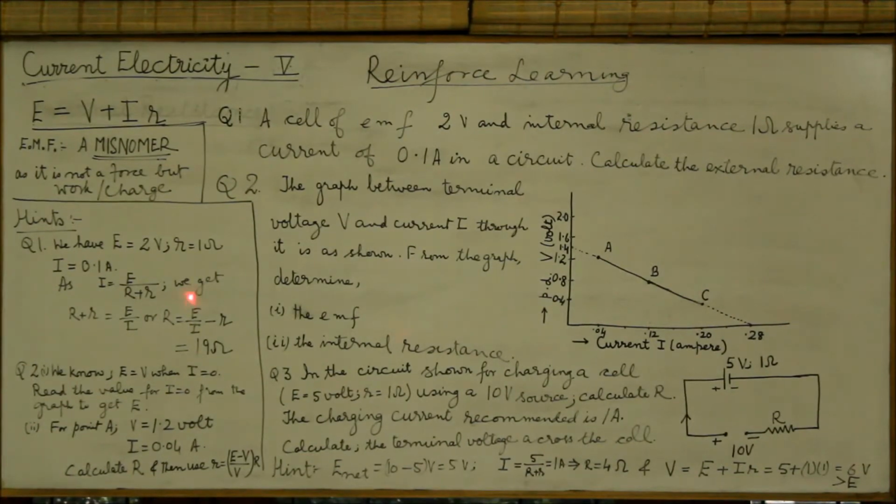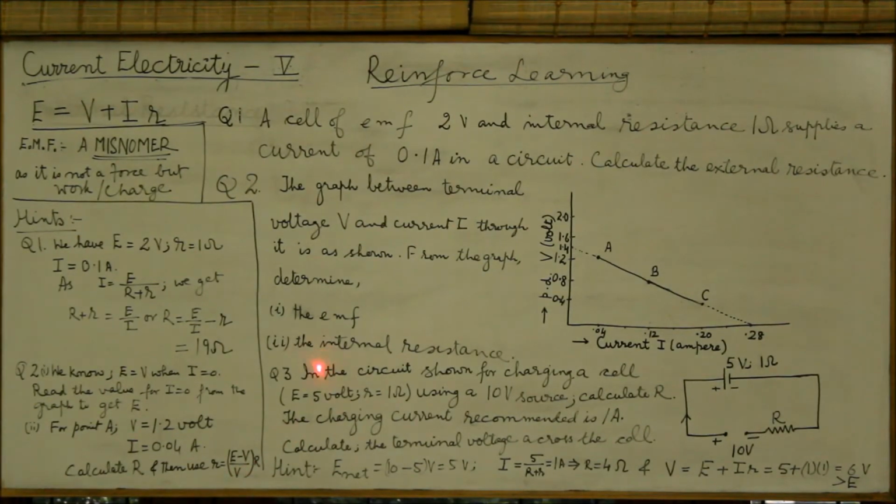We have to find the EMF. By definition, EMF is the potential difference when current is 0. So on the graph, spot I equal to 0 point and read the corresponding potential difference. It is 1.4 volt, which gives you the EMF of the cell.